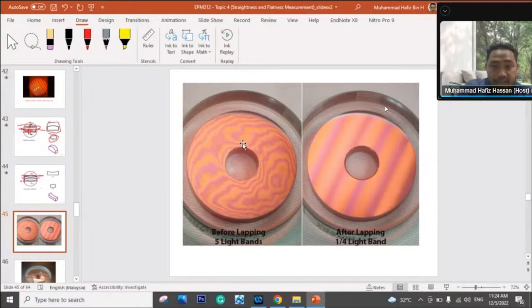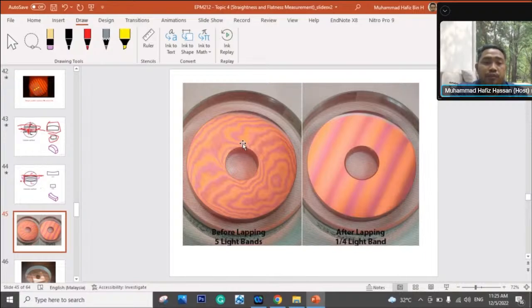Before and after lapping. Basically the lapping process, or another word for it, is polishing. It tries to flatten the surface. Sometimes debris sticks on the surface, and even at the micron level it will affect the surface. So after lapping or the finishing process, you will see that the fringe is straight compared to the previous process.